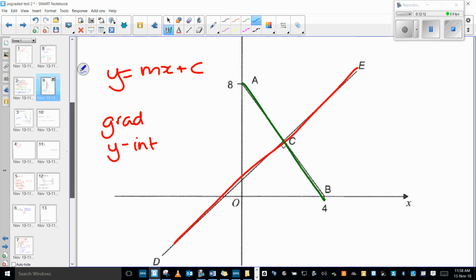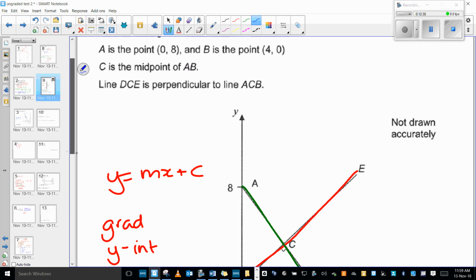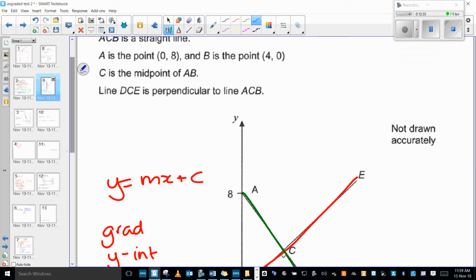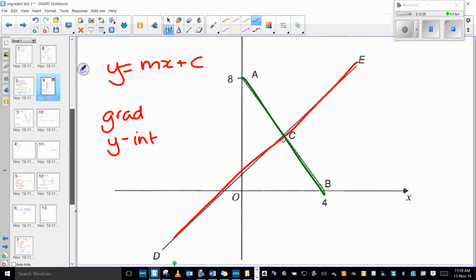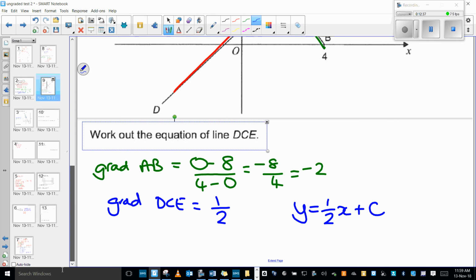So what do we have to do first? Find one at least. Which one might be a good one to find? And how do we do it? The midpoint. Lara, read the question. We know that it goes through the midpoint. So can we find midpoints? We should be able to.